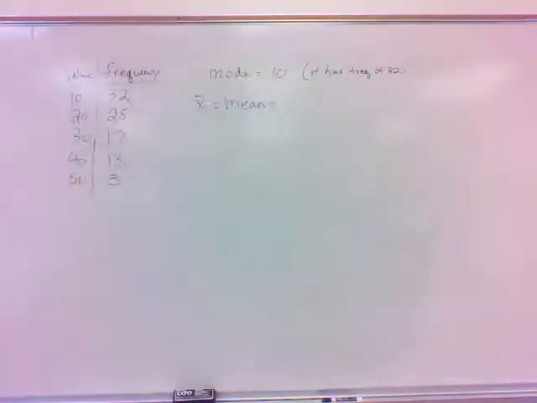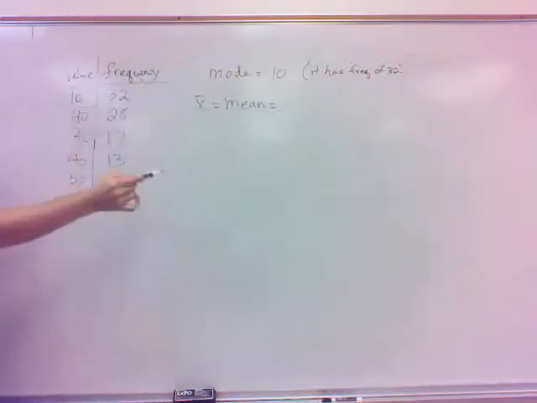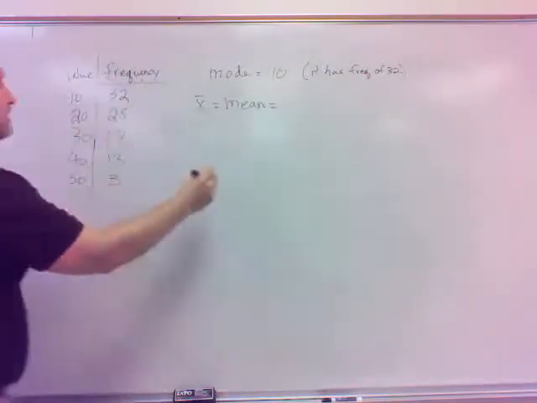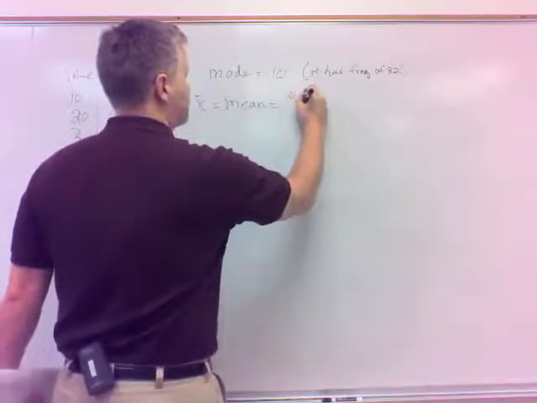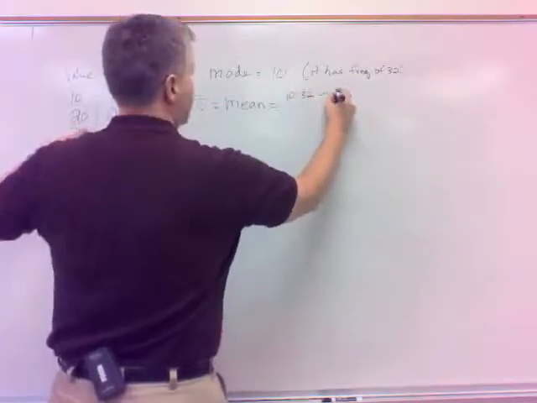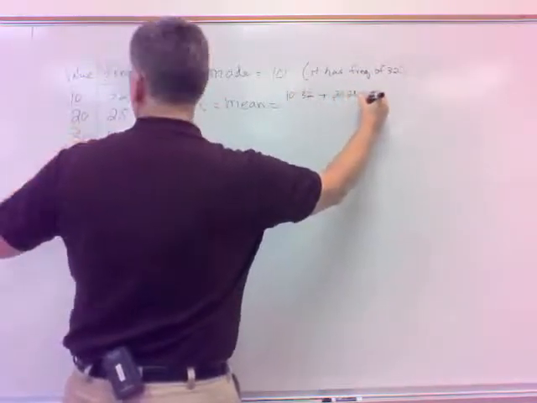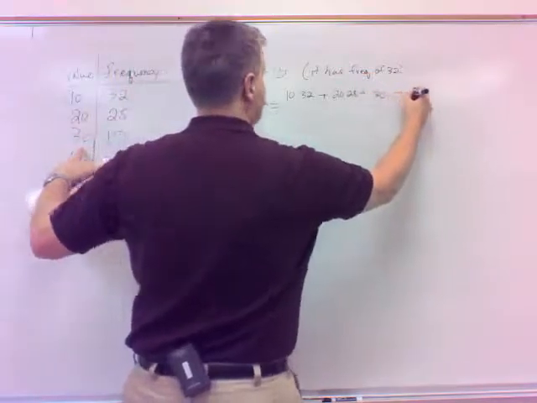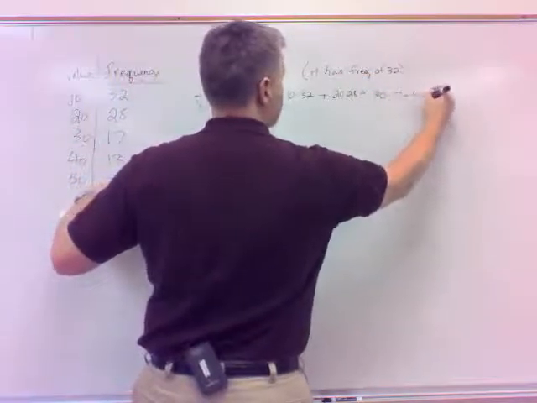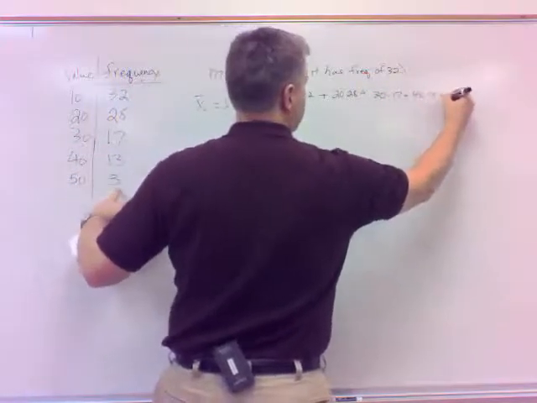Well, to find the mean, we need to add up all the values and divide by the total number of values. How do we get the total of all the values here? Well, in this case, for a frequency distribution, you multiply each value by its frequency: 10 times 32, 20 times 28, 30 times 17, 40 times 13, and 50 times 3.